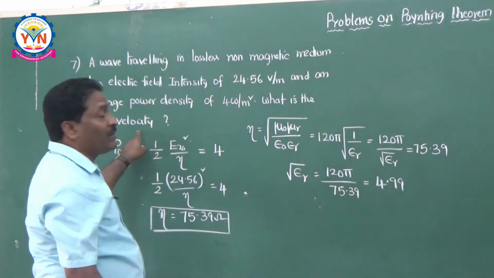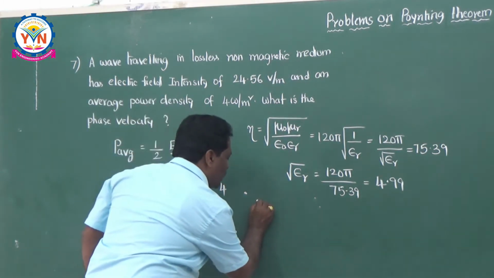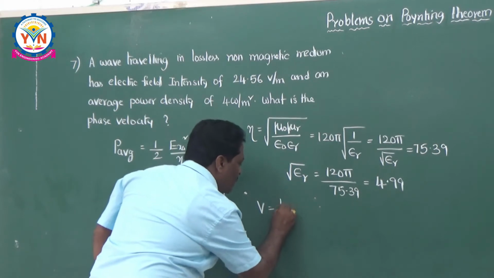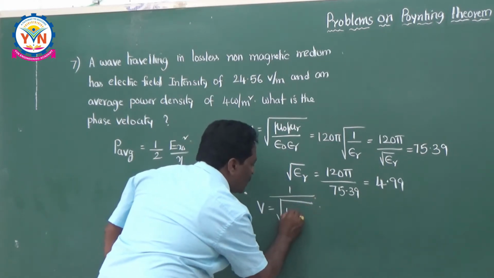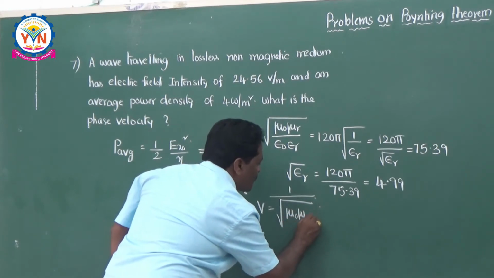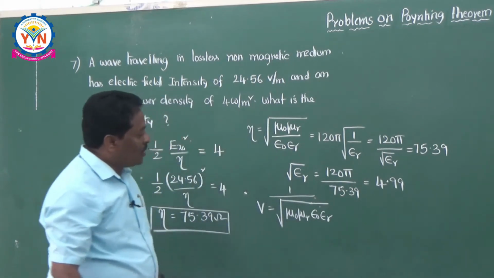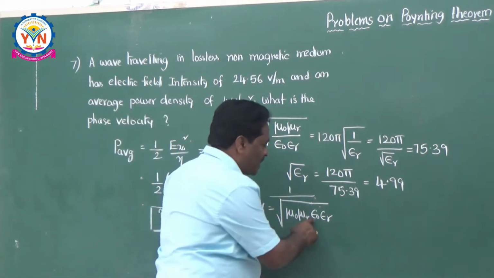Once you know this root epsilon r value, what is it asking? It is asking the phase velocity. Phase velocity V is equal to 1 by root of mu naught into mu r epsilon naught into epsilon r. This is the formula you have to use. 1 over root mu naught epsilon naught is nothing but the light velocity.